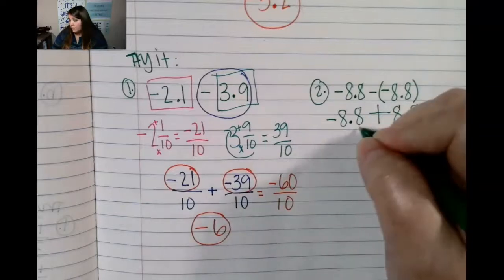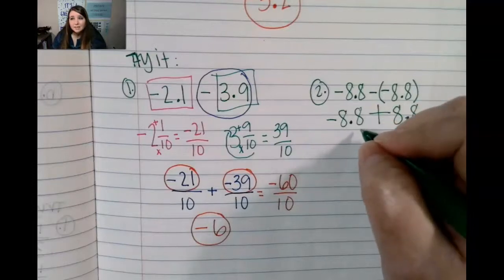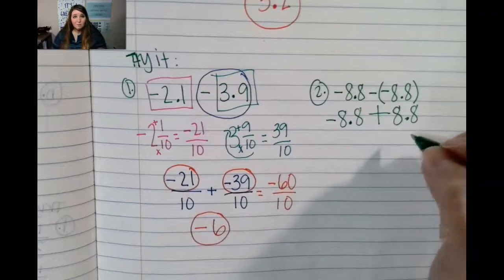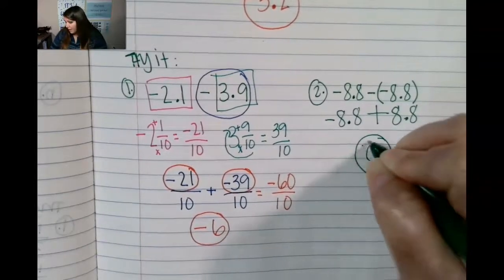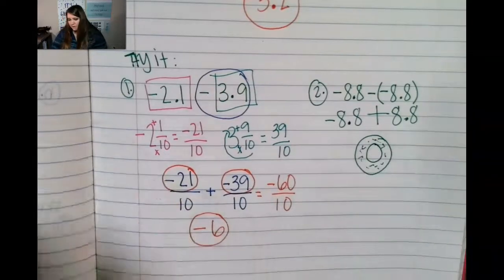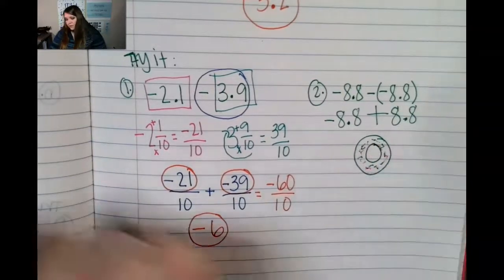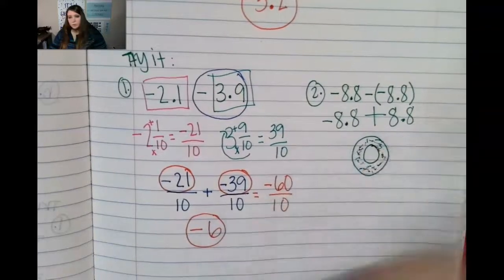So when I have negative 8.8, I owe someone $8.80, and I give them $8.80, I now owe them nothing. So this zeroes out, and look, we get donut math. Oh, we love donut math. Donut math is the best, and it's a great way to celebrate this lesson. Good job. Get your sprinkles on there.